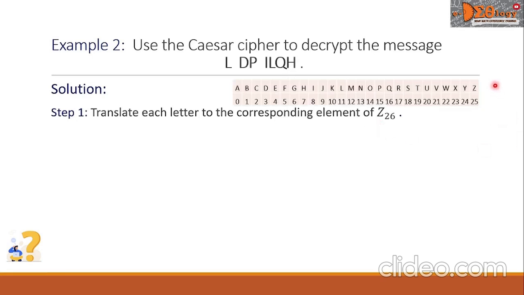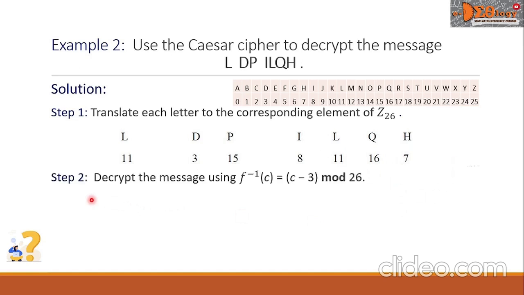So we have our alphanumeric table above here. For the message above, the corresponding numbers are here. L is 11, D is 3, P is 15, I is 8, L is 11, Q is 16, H is 7.